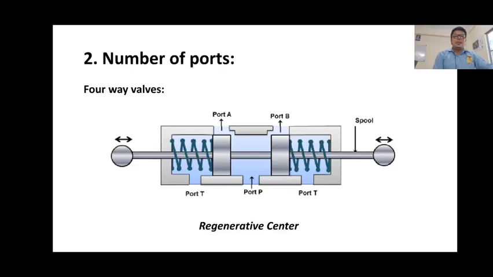For example, the first half of the stroke requires fast movement during no load condition, and the remaining half requires slow motion during the load condition. So the regenerative center will save the pump power and provide the motion of the fluid in this way.